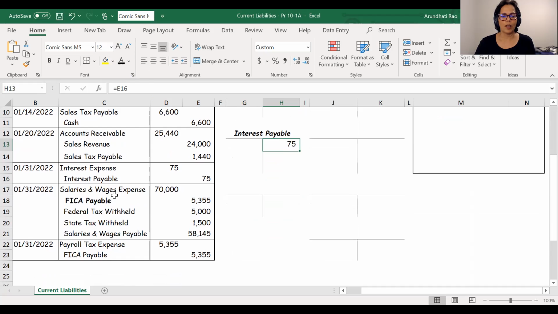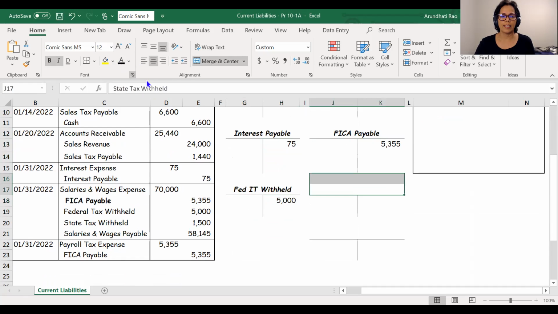And then we have a whole bunch of payroll related liabilities. So let's look at them. I have FICA payable, that's $53.55. Then I have the federal unemployment tax, federal income tax withheld on behalf of the employee, and the state taxes. Again, these are all coming from the journal entries, the adjusting entries.